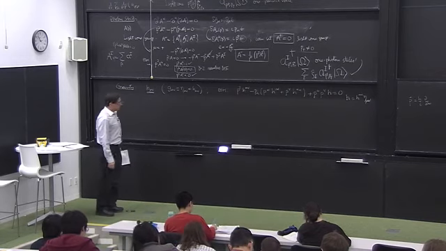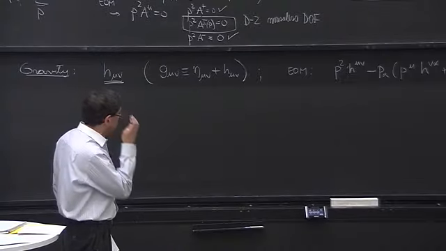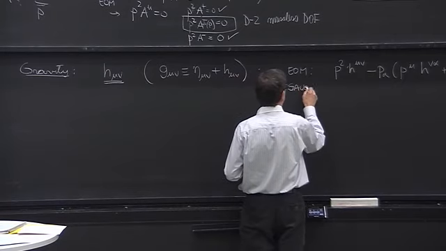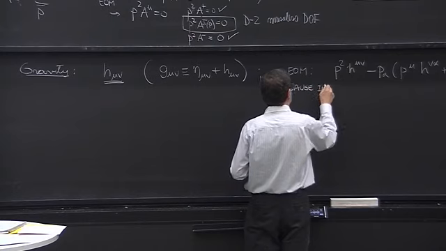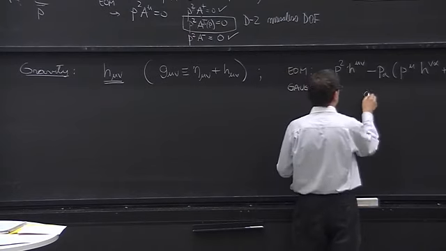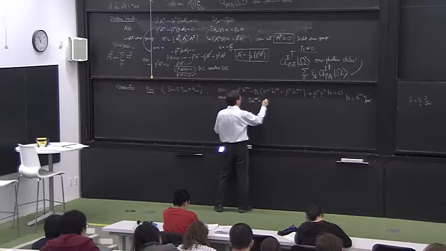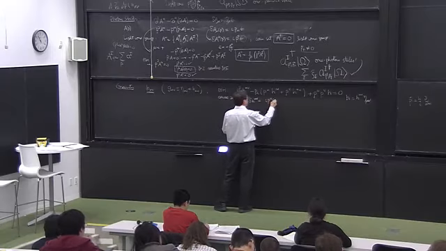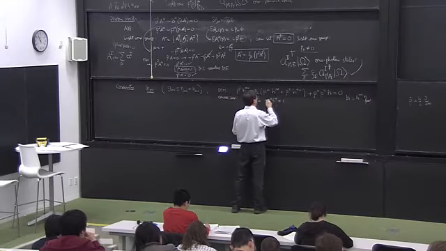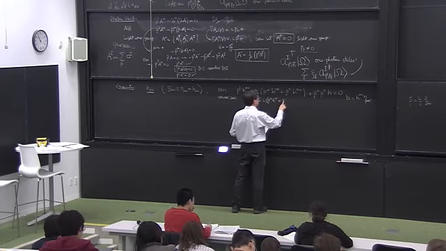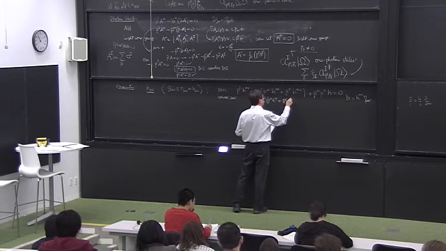So that's a complicated equation of motion, and it has a gauge invariance, just like the photon equation: delta h mu nu is equal to i p mu epsilon nu plus p nu epsilon mu.